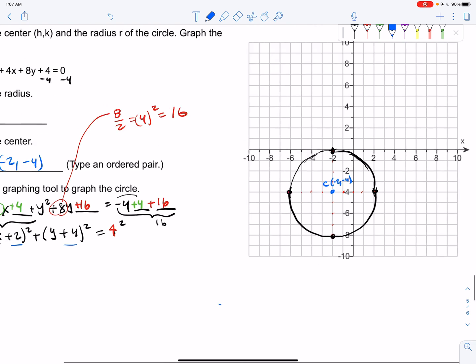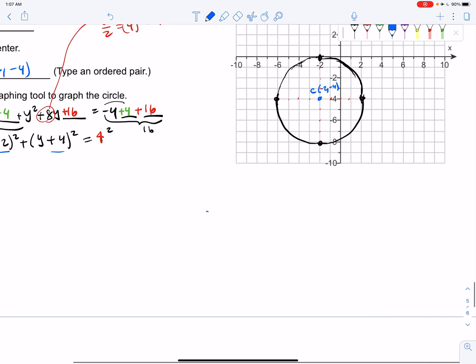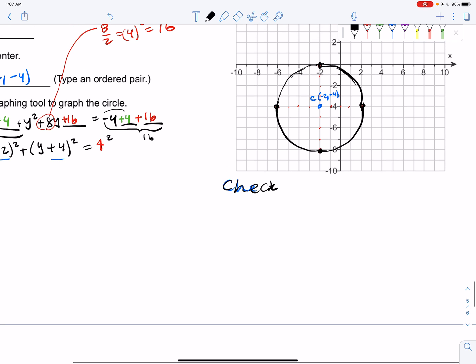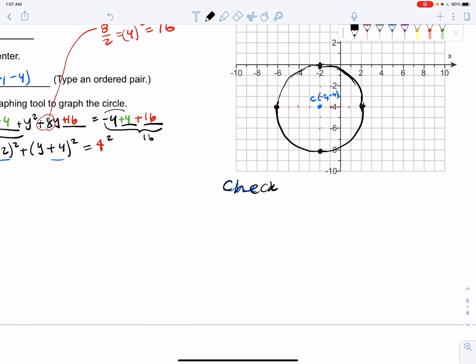And let's go ahead and test a point. How about that point? Negative 2, comma negative 8. Negative 2, negative 8.